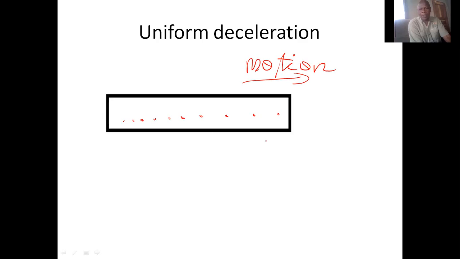This means our initial velocity is of an object which is moving faster.